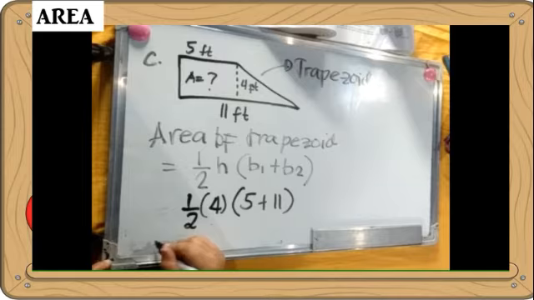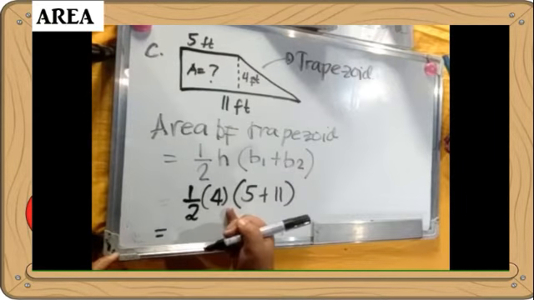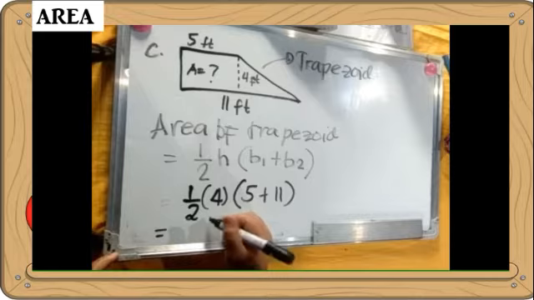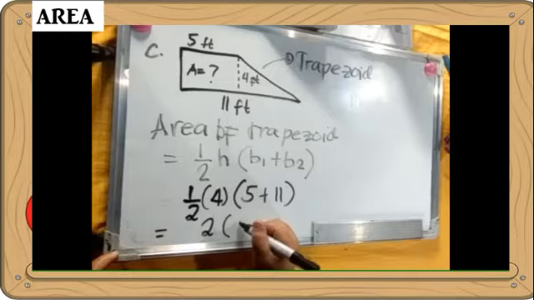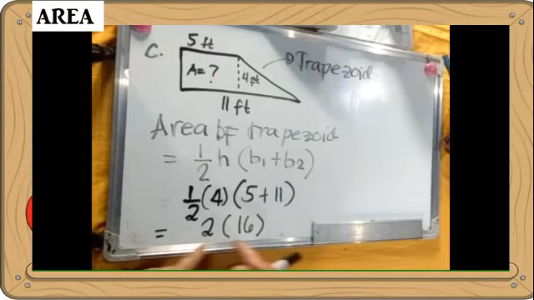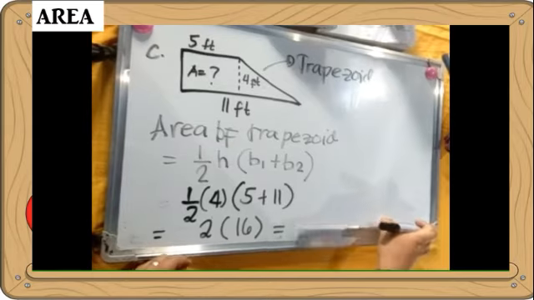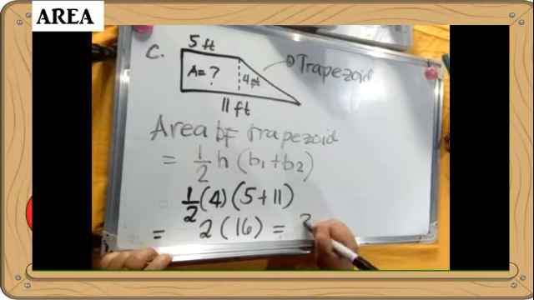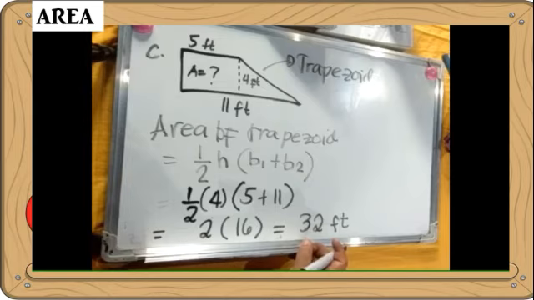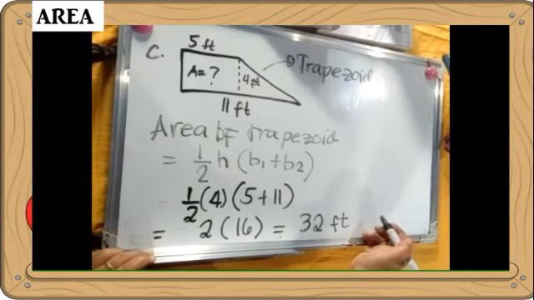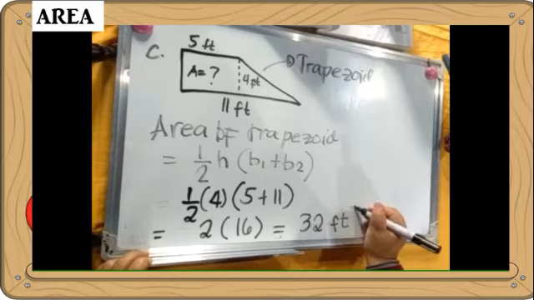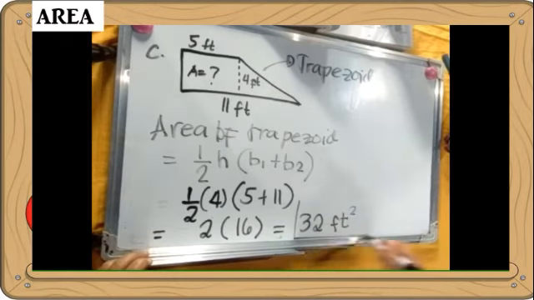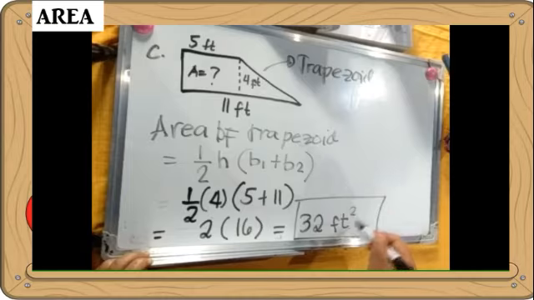Okay? So we have 1/2 times 4, we have 2, right? Quantity 5 plus 11, we have 16. 2 times 16 class. 2 times 16, we have 32. Okay? So, what is the area of a trapezoid? We have 2 times 16 is equal to 32 feet. Unsa unit? Feet square. Because area naman siya. So, we have 32 feet square.